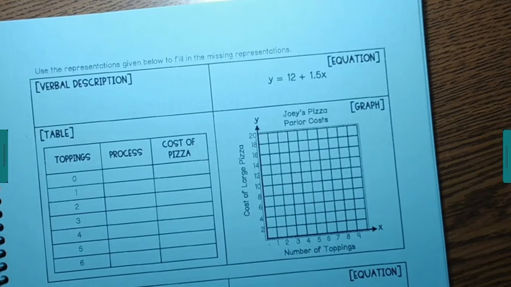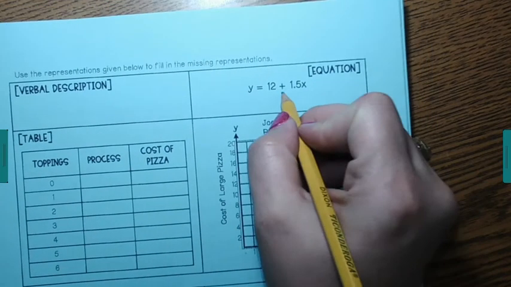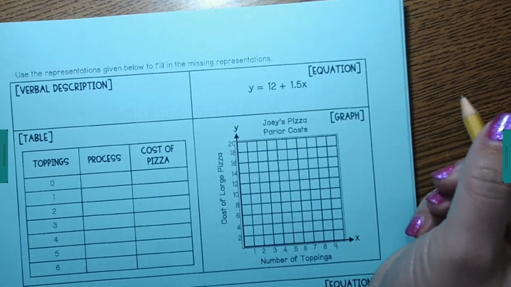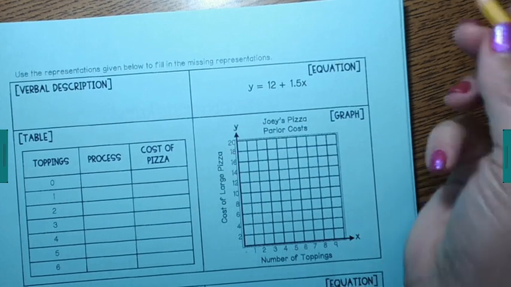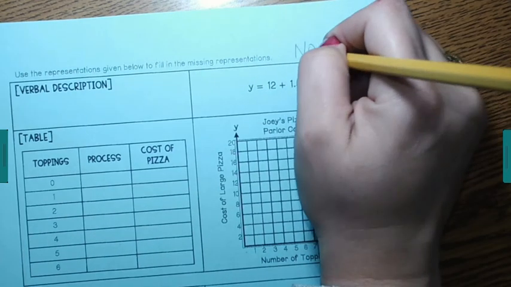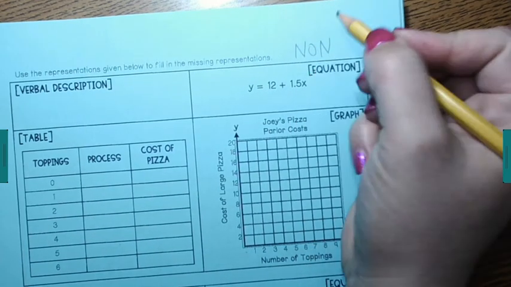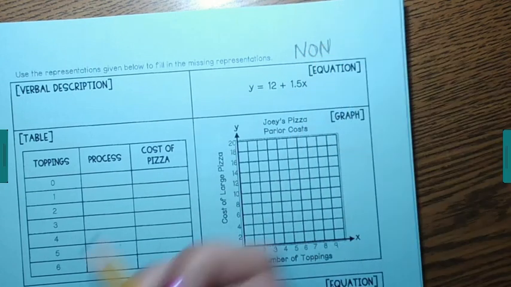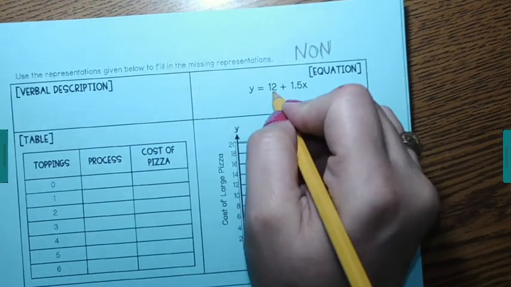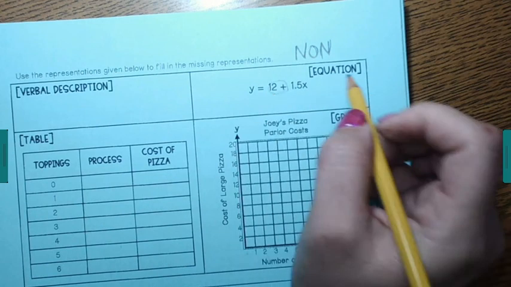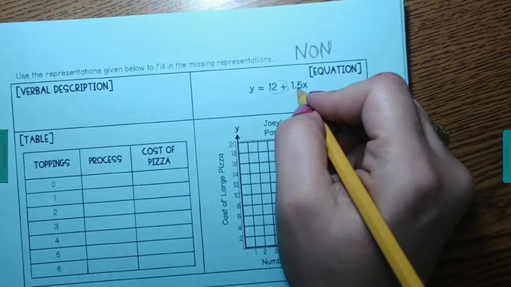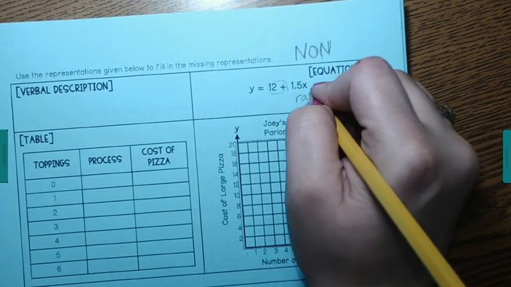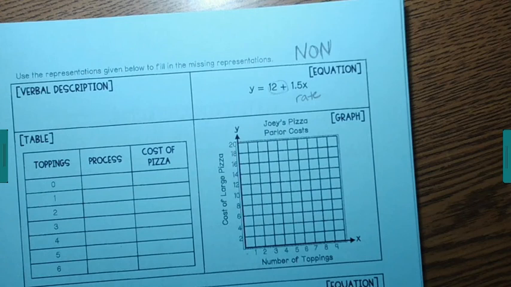All right, now we're going to think backwards a little bit. Okay? First of all, is this proportional or not? It's not. It is non-proportional. Does anyone other than Gavin and Zanaya know the answers? Because they're the only two I hear. It is non-proportional because something is being what? Added. Okay? 1.5 is the rate. Okay?